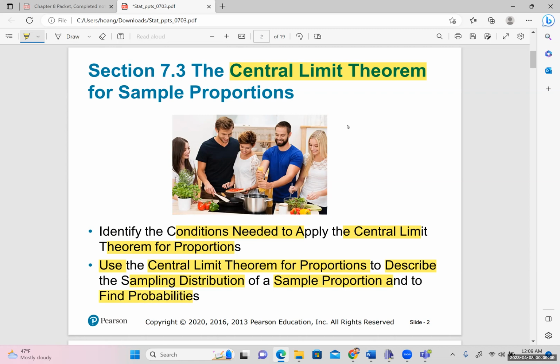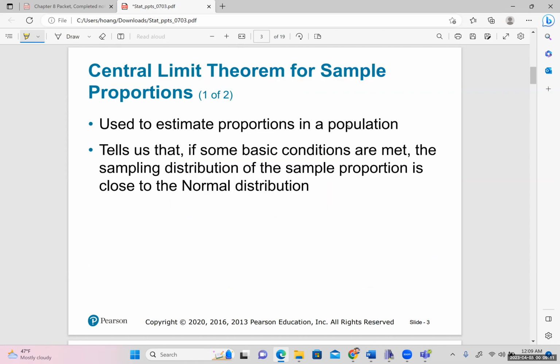Okay, so let's get into the next page. We have the central limit theorem for sample proportions in this page. You're going to have two pages for this.